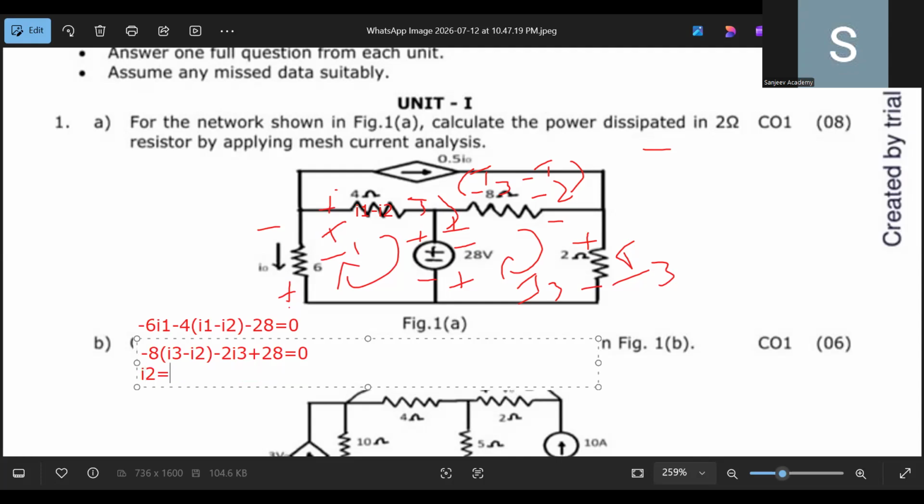That is, substitute here. You will get the value of I1 properly.